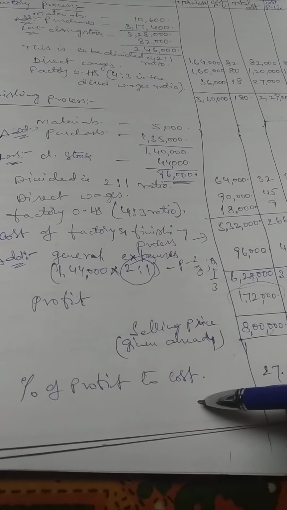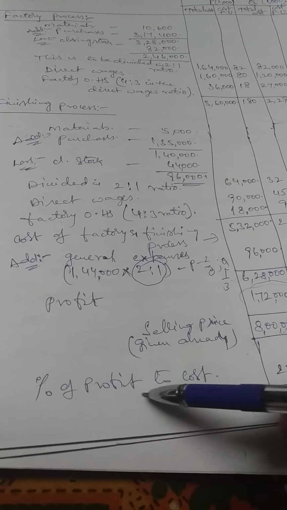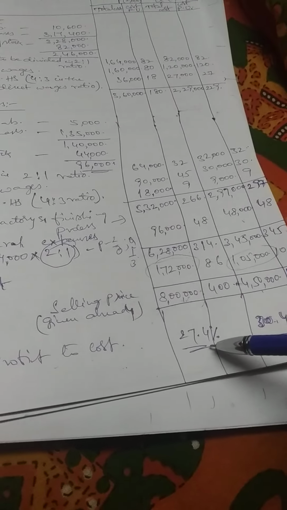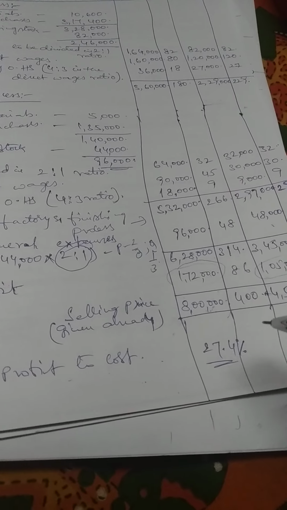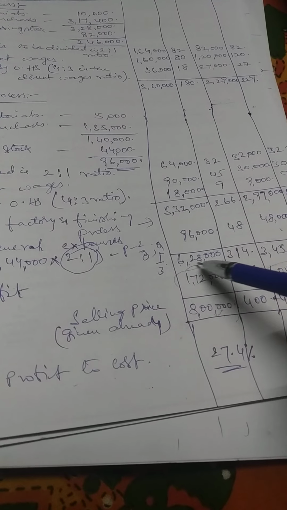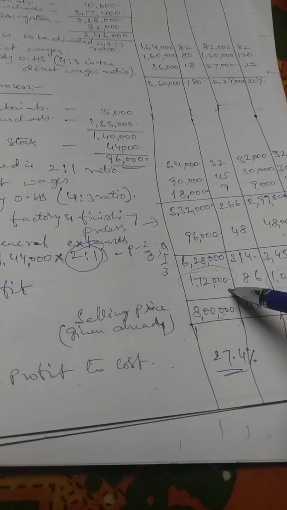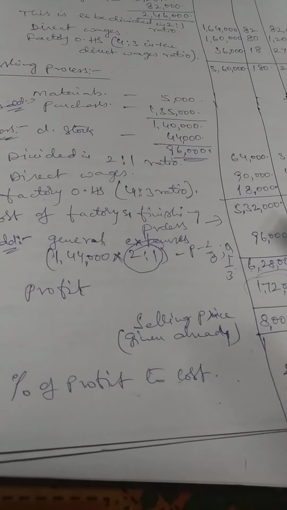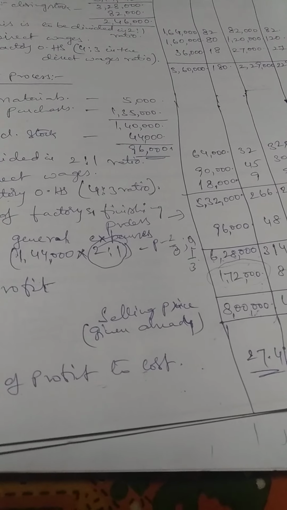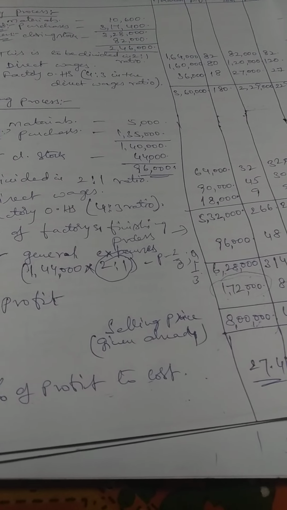What is the last question asked here is, he asked to produce the percentage of profit to cost. That is, when your selling price is such that your cost is 6,28,000, your profit is 1,72,000. So he asked you the percentage of profit to cost.